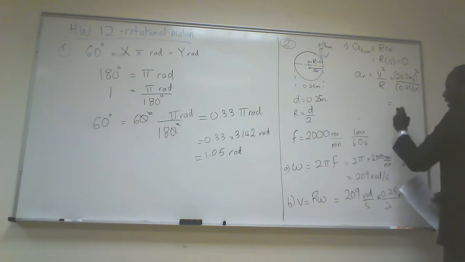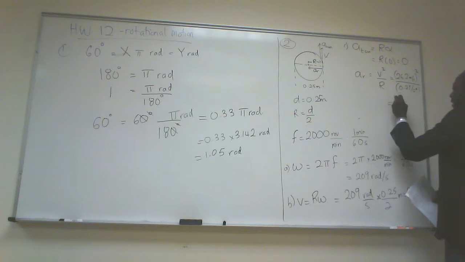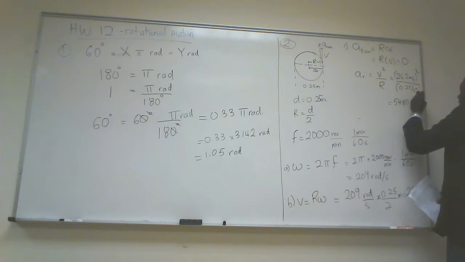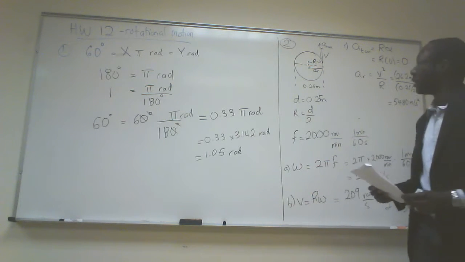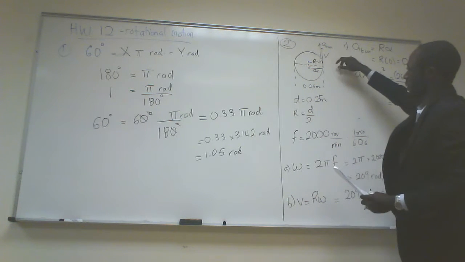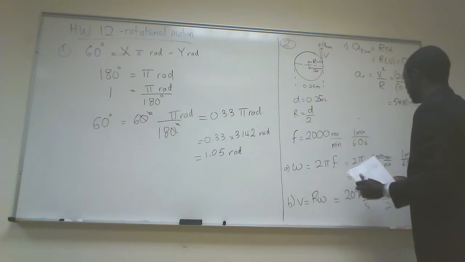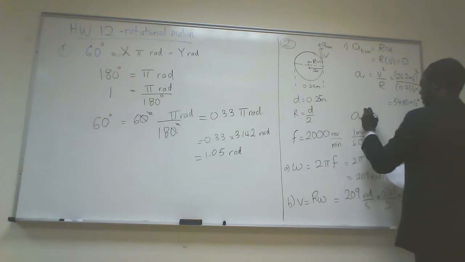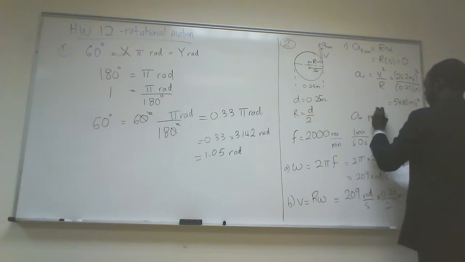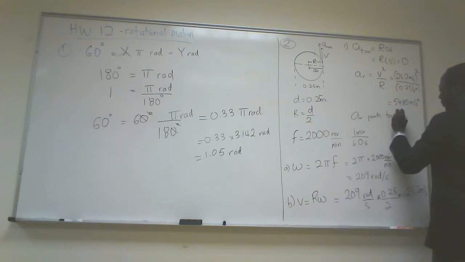And that gives us a radial acceleration of 5,480 meters per second squared. Since there is no tangential acceleration, the only acceleration we have is the radial acceleration, which points towards the center.